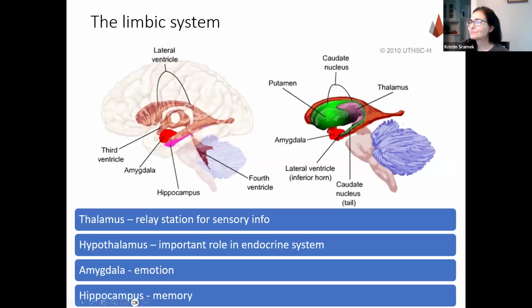All right, so here's another image. This is showing you those parts of the limbic system inside. These parts on top are called ventricles. It's got a third ventricle, the lateral ventricle.